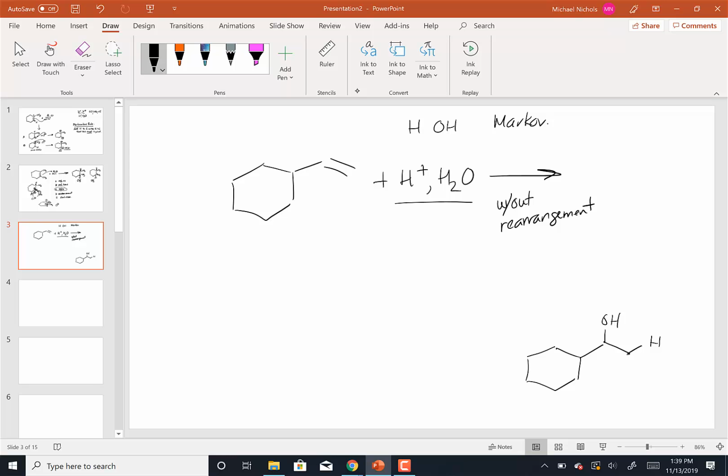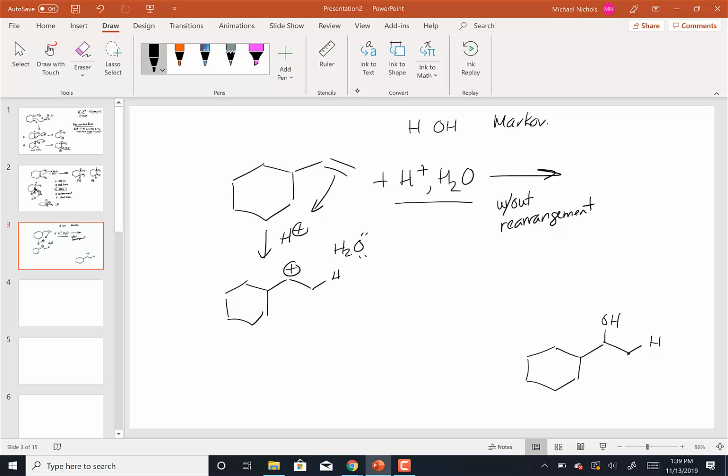Let's work forwards. So what am I doing? I'm adding H plus to the double bond. So we show the arrow to the H plus. Where's the H plus adding? To the carbon that has the most hydrogens, which in this case is the primary carbon, which puts the carbocation there. Then my nucleophile comes in, my H2O.